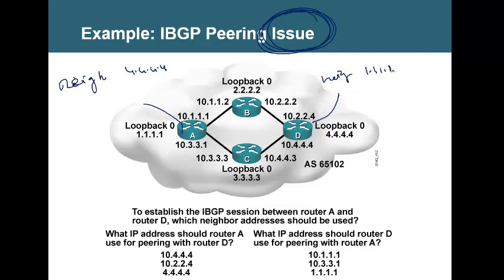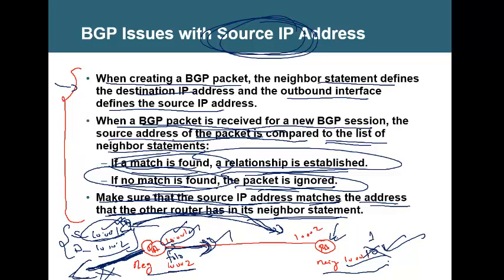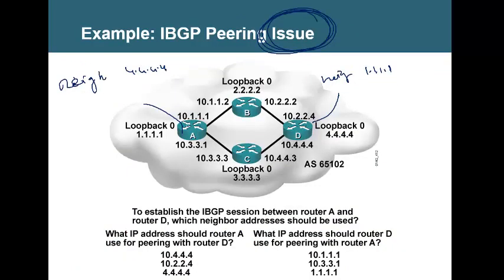Now, let's go back to the previous page and then come back again here. In the previous page, we learned that when creating a BGP packet, the neighbor statement defines the destination. So when A creates a BGP packet, what will be the destination address? The address that you specified in the neighbor statement. Agreed?